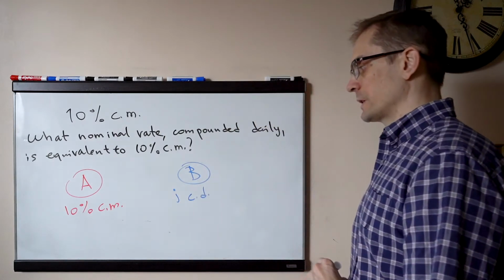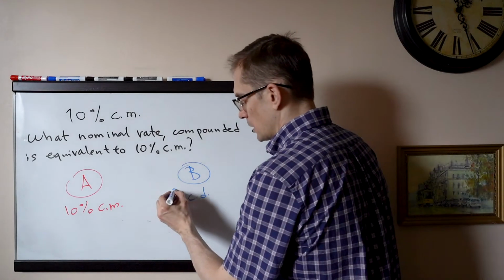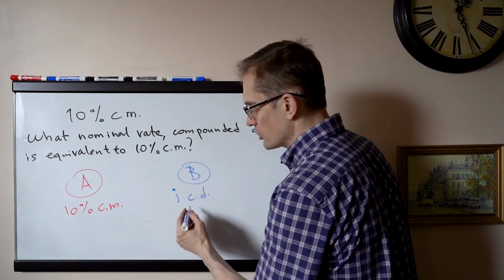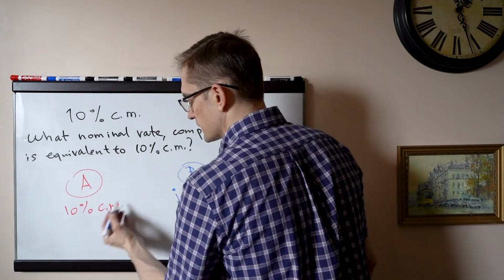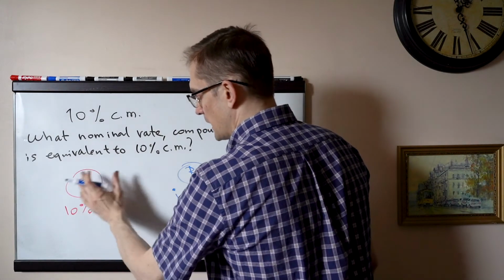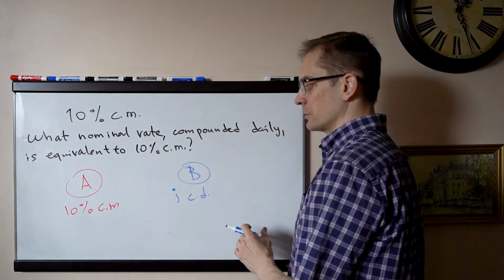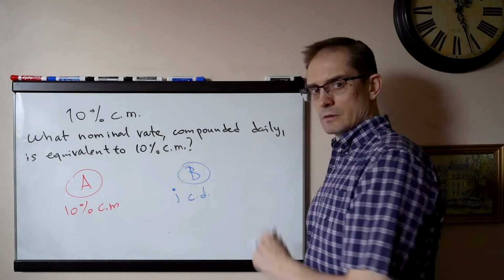So the question now arises, okay, how do we find this J, keeping in mind that place A will give you the same future value as place B. Okay.